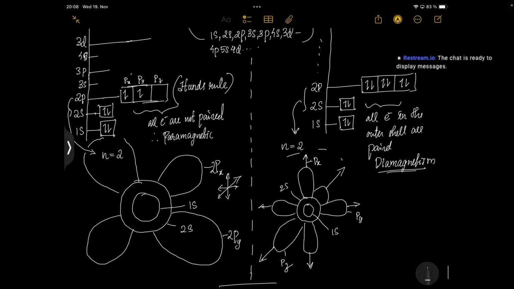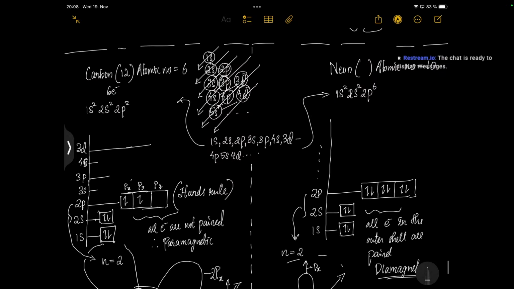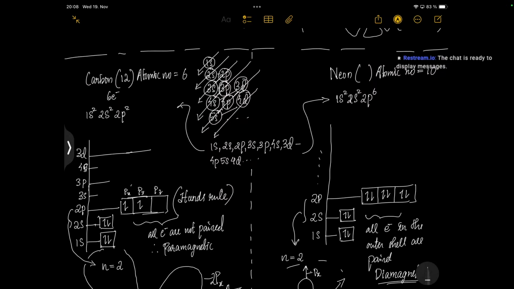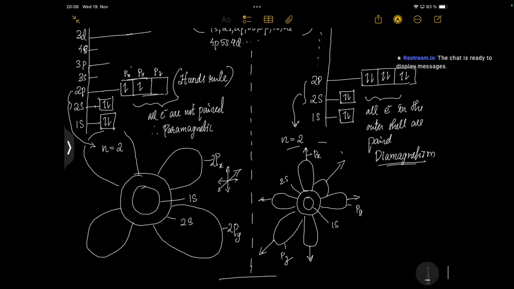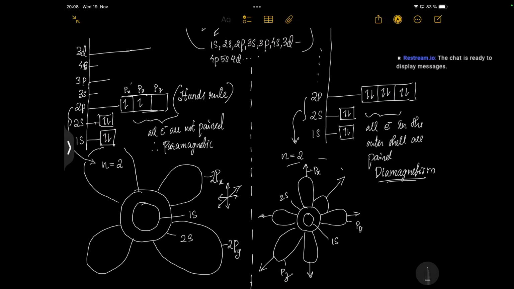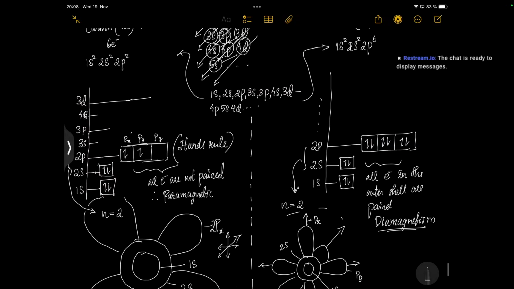And yep, that's what I understood about the atomic number, the principal quantum number, and how it's arranged in the Aufbau diagram. This is the Aufbau diagram.